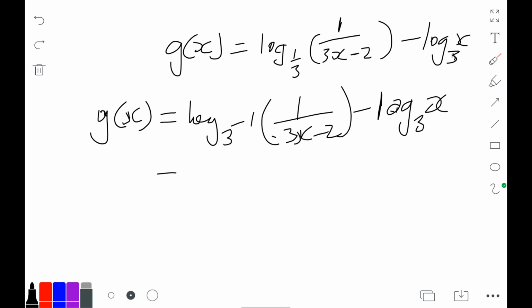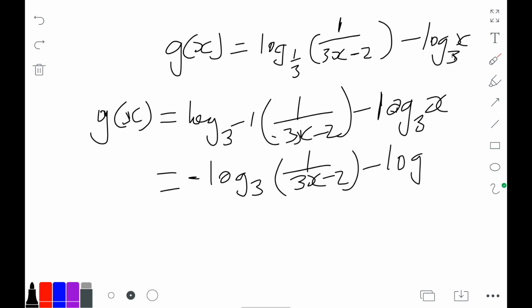So now this negative one can come on top. When it comes on top, it can be negative log of 3 in brackets 1 over 3x minus 2, minus log of 3x.